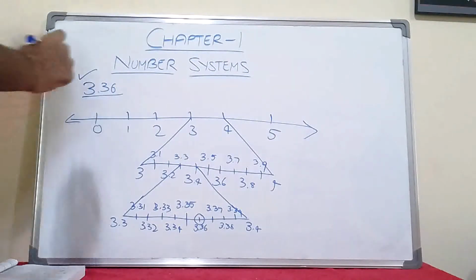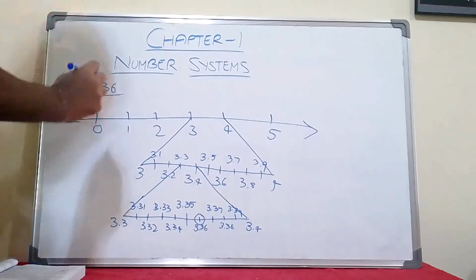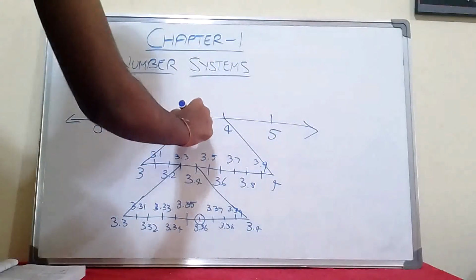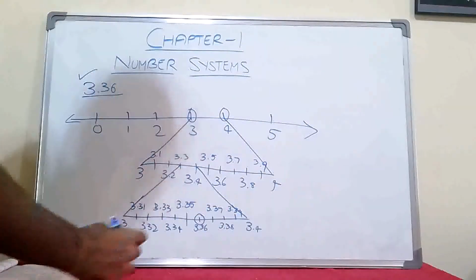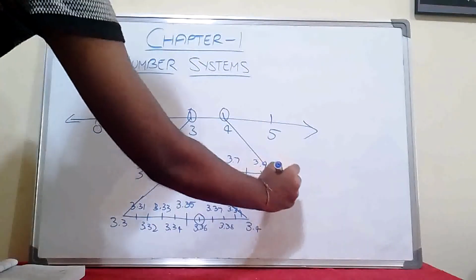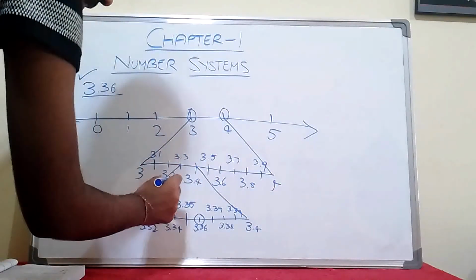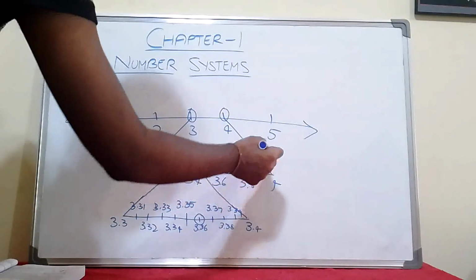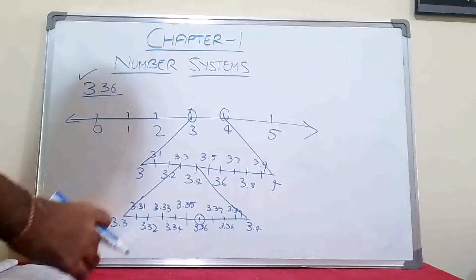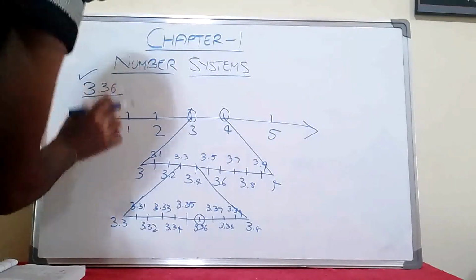So 3.36 lies between 3 and 4. When we enlarge it, we can see that between 3 and 4 we have 3.1, 3.2, 3.3, 3.4, 3.5, 3.6, 3.7, 3.8, 3.9 and 4. So we know that 3.36 lies between 3.3 and 3.4.